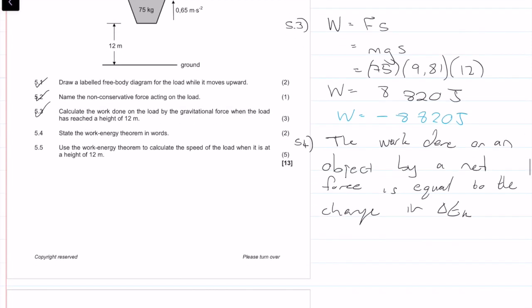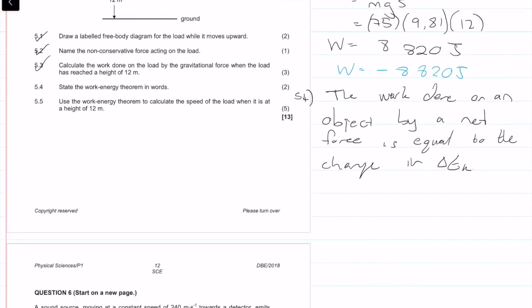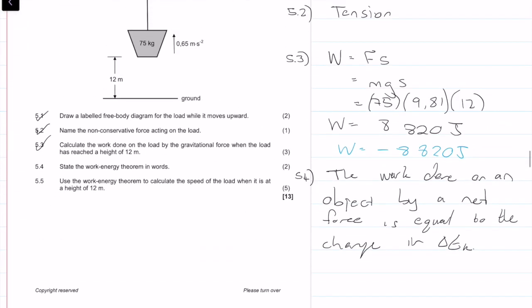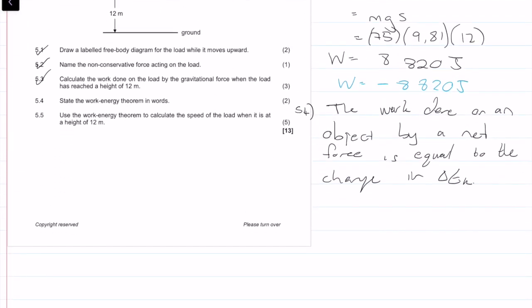So basically what we get from this is that the work net is equal to our delta EK. That's the formula we get out of that, and we get 2 marks for the definition.